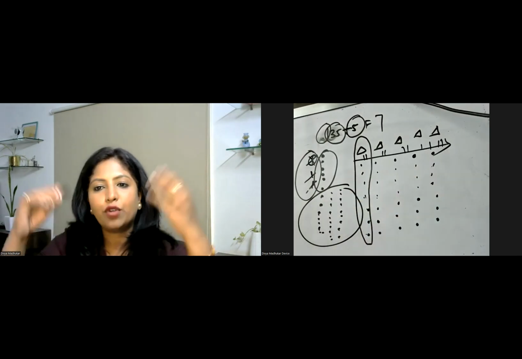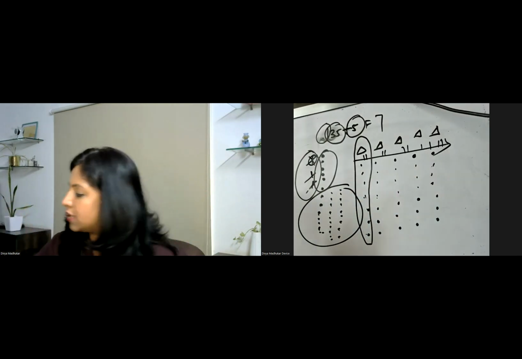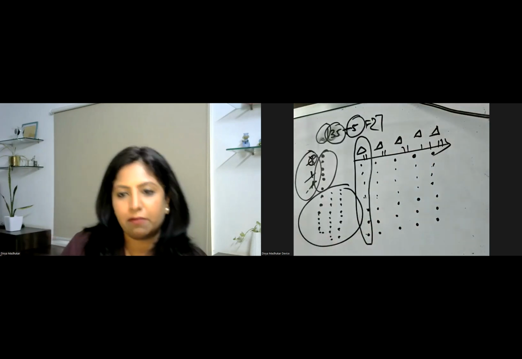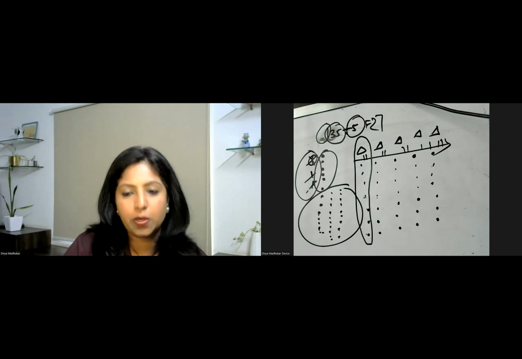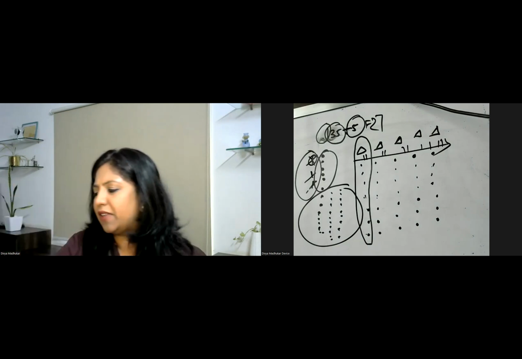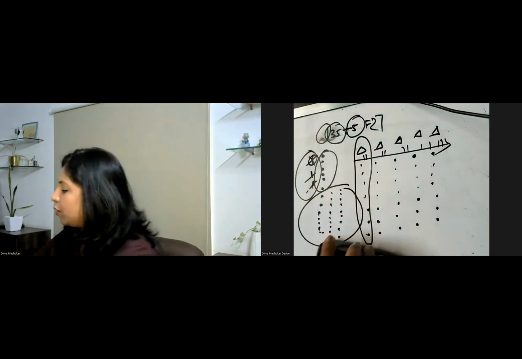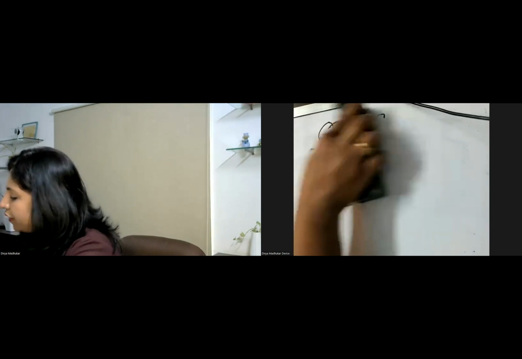So each one will have 2 tens and 7 ones, so my answer will be 27. Very simple. Even if you know golden beads, you will be able to do the stamp game also. So it should not be difficult. Practice tomorrow when you go to your DN center. The stamp game material is there in the center, you can practice.